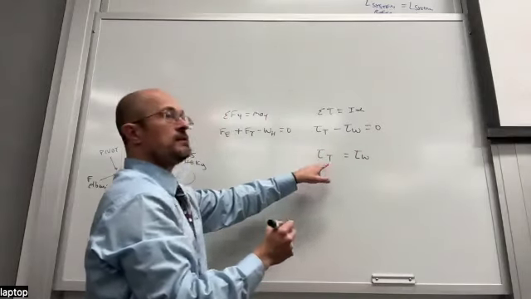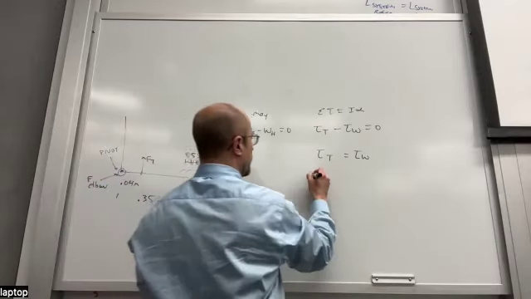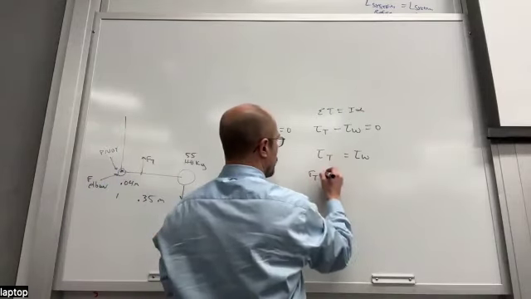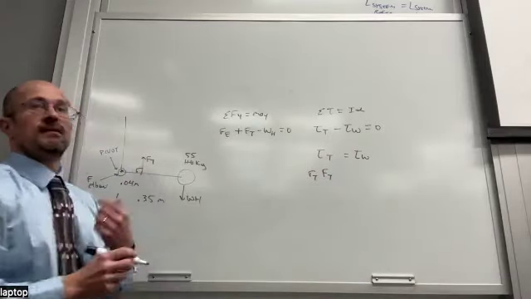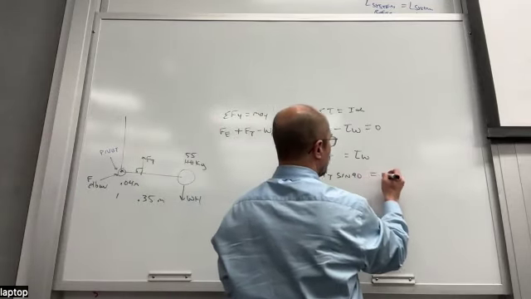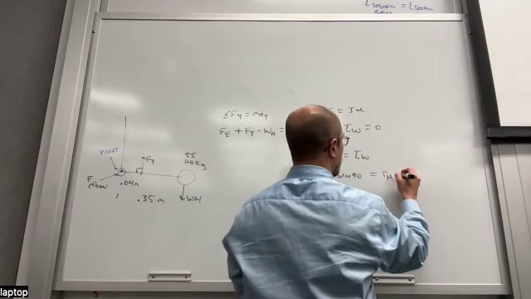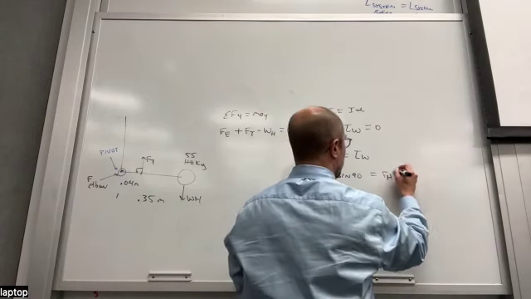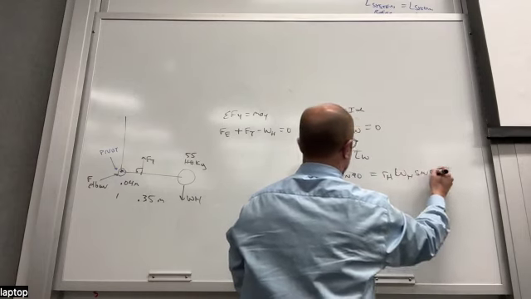So we remember that the torque is r F sine phi. So what we have is the radius to the tendon, the force in the tendon, and then the angle is 90 degrees, so it's sine of 90. And that equals the radius to the hand, the weight in the hand, times sine of 90.